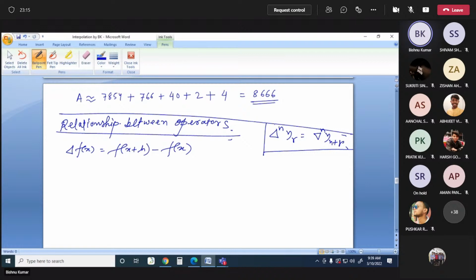That is also an important relationship between the forward and backward difference operators. That is, if I write (E minus 1) into f(x), that is E minus 1, this operator into f(x). So simply the function I am cancelling on both sides, so the operator relationship will be del equals shift minus 1, that is E minus 1.